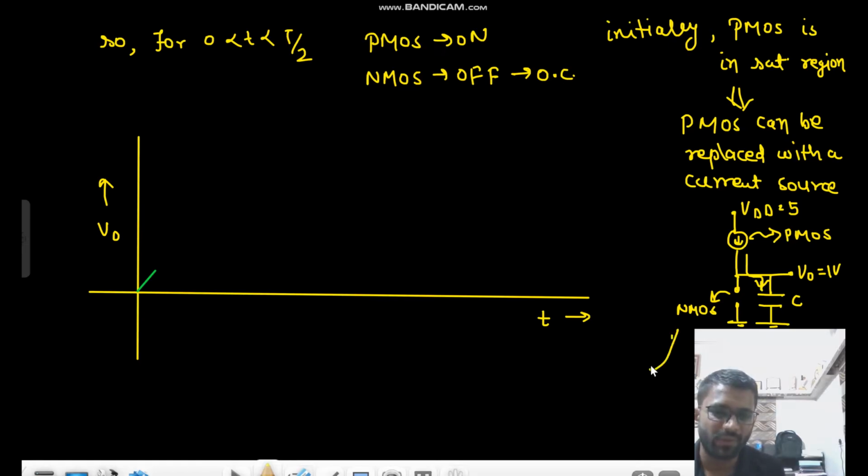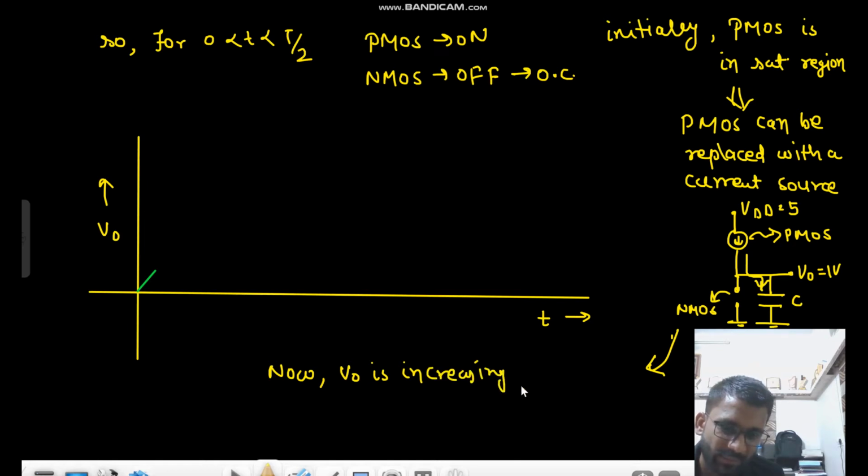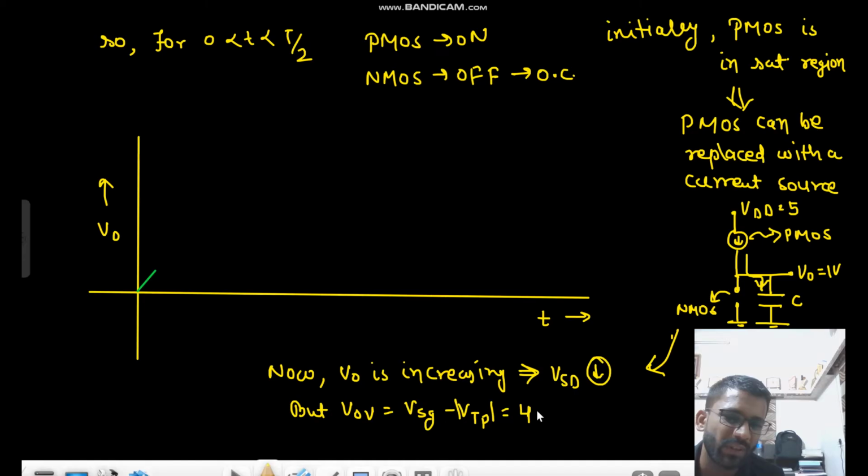Now V naught is increasing. That means your VSD is decreasing, but V overdrive equals VSG minus VTP, that is 4 volt, is fixed.